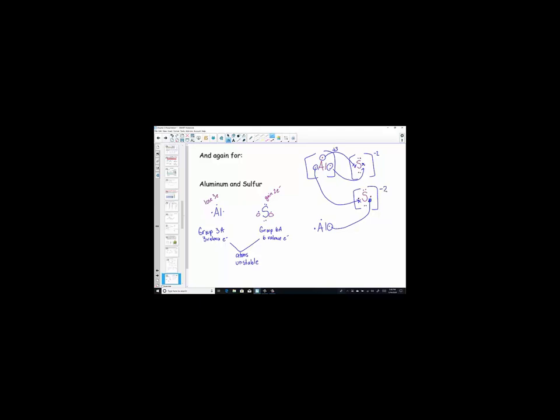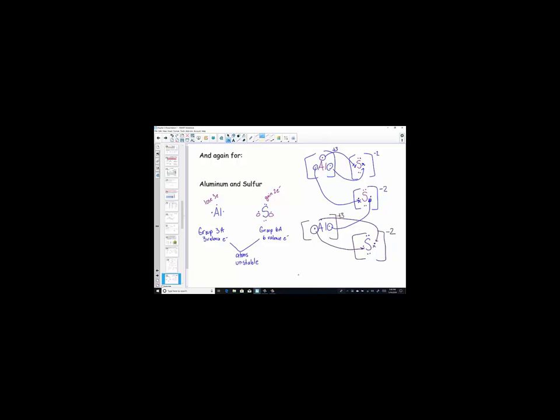He's done. But this aluminum still has 2 dots left. They have to go somewhere. 1 more sulfur is drawn. So I can take the last 2 electrons and click and drag and bring them over. And when we did, we had all the electrons transferred.